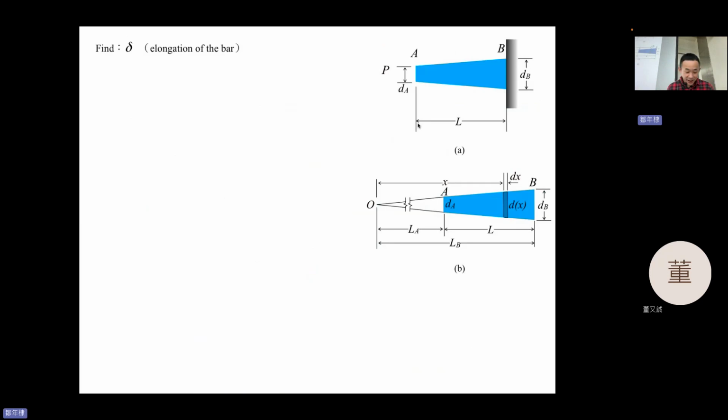All right, so next, find delta, the elongation of the bar, if the cross-section area is gradually changing. There is a load P, and the cross-section is circular.